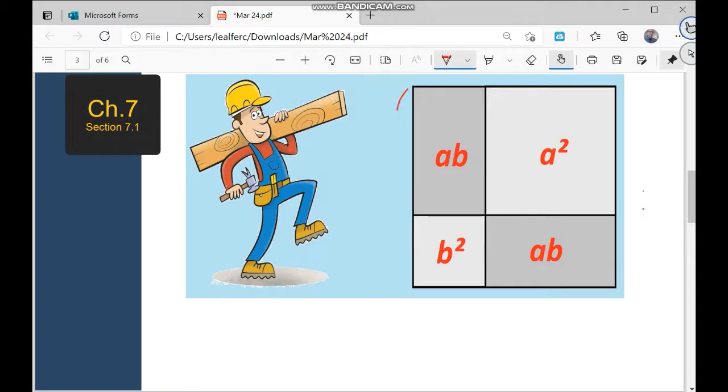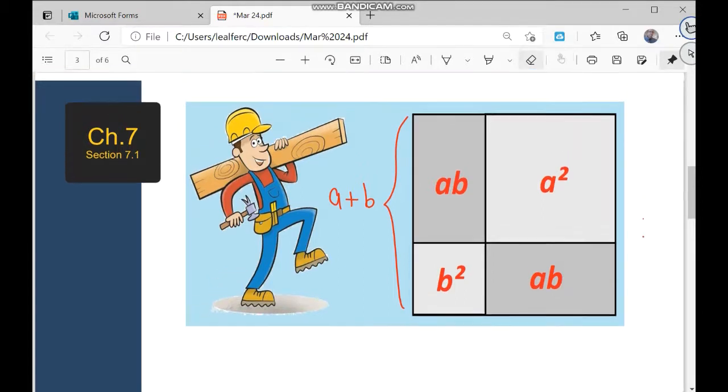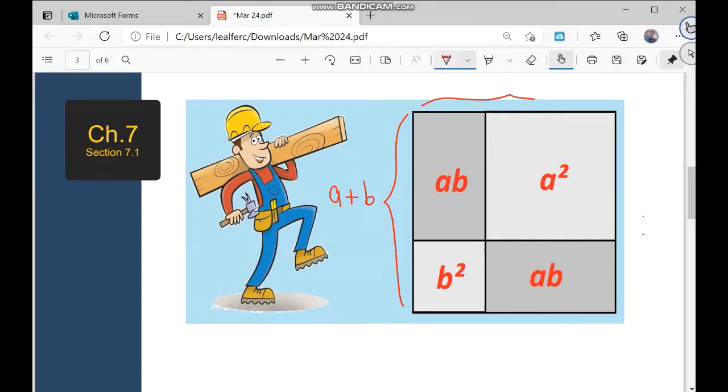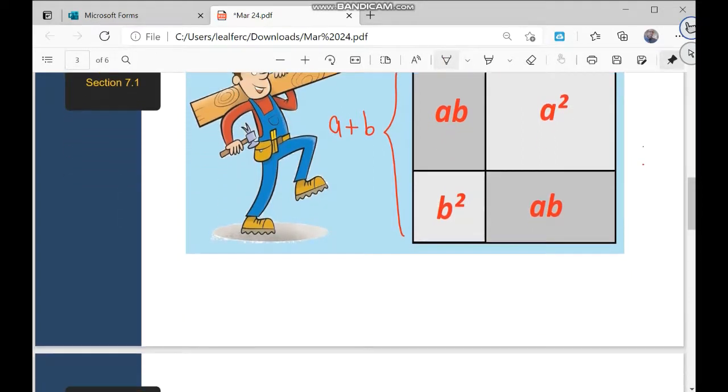Because the side of the rectangle is a plus b, right? Both sides are a plus b, and this is also a plus b, right?